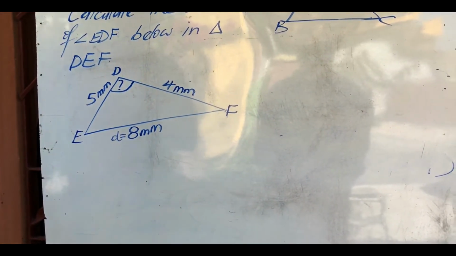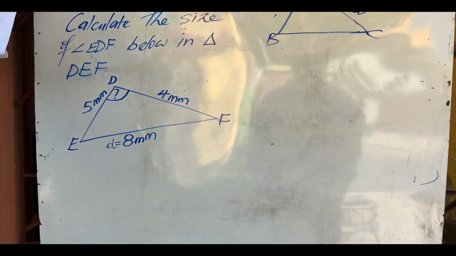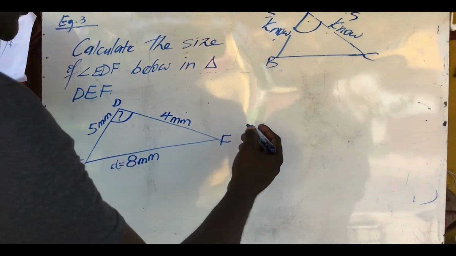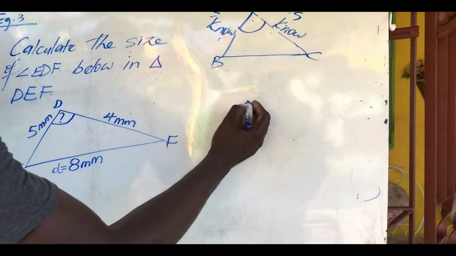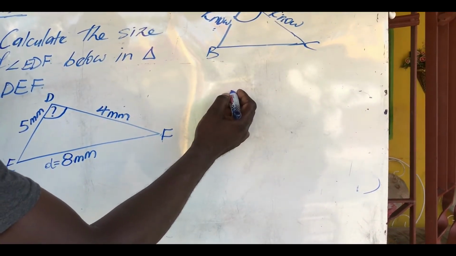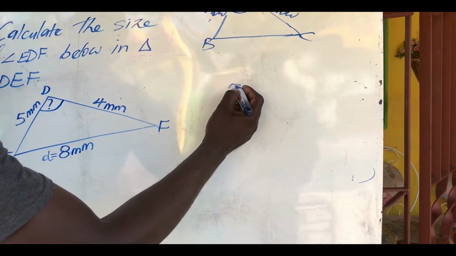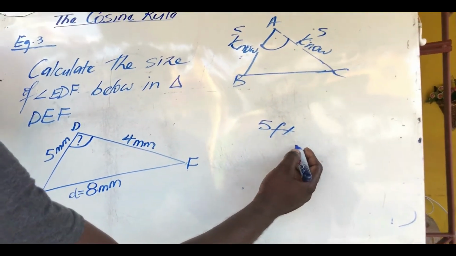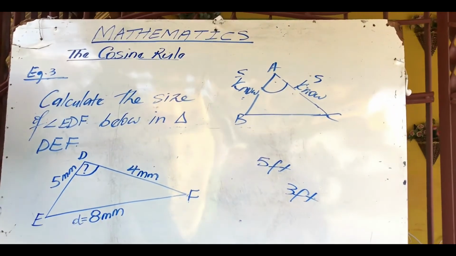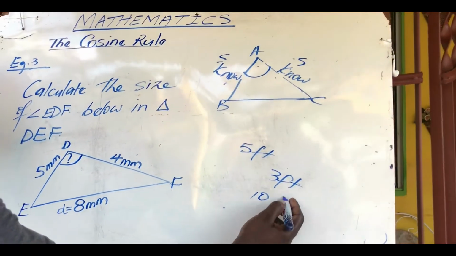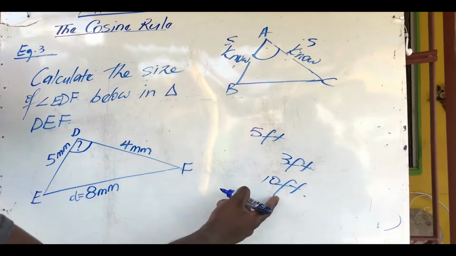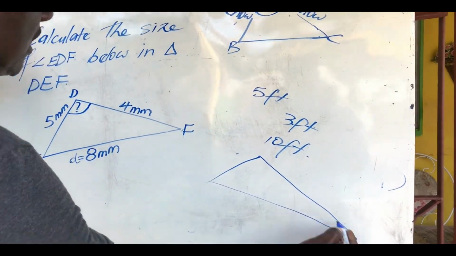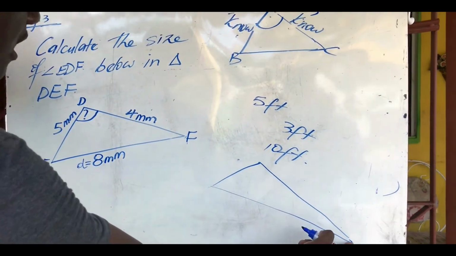Now, there is a rule that you need to know as it relates to geometry. If you get, say, 3 sticks, one being 5 feet long, another 3 feet long, and another 10 feet long, there is no way that you can put all 3 sticks together to form a triangle.